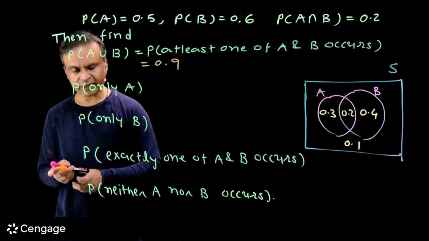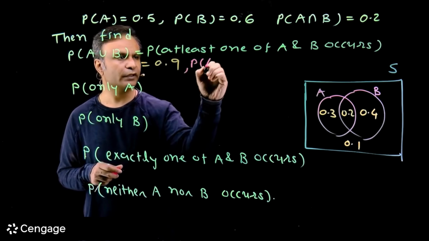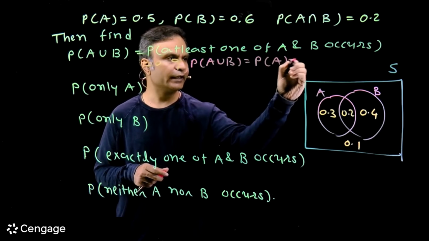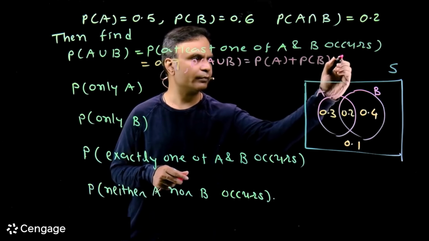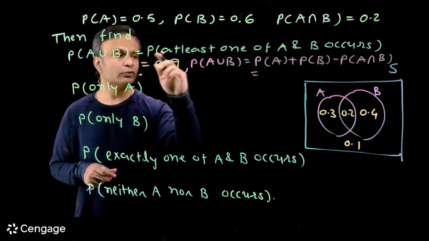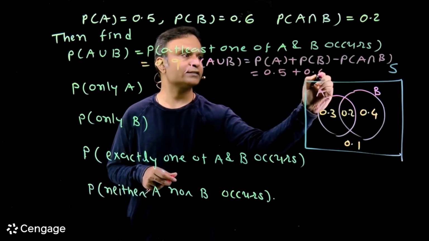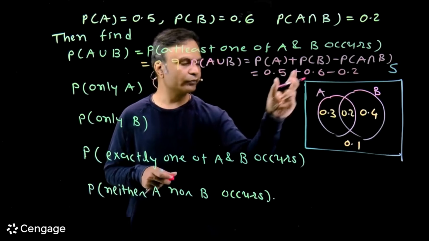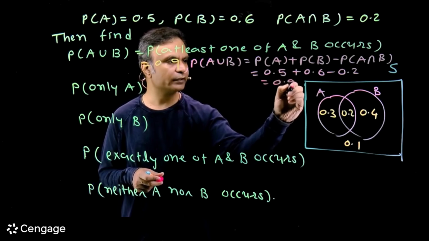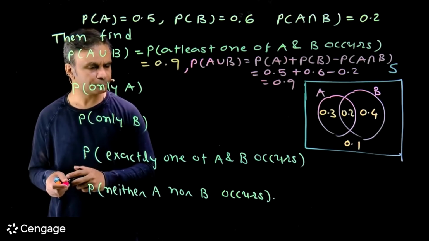We can use the formula also: probability of A union B is equal to probability of A plus probability of B minus probability of A intersection B. Put the values: 0.5 plus 0.6 minus 0.2, 0.5 plus 0.6 is 1.1, 1.1 minus 0.2 is 0.9. तो ये फॉर्मूला से भी हम ये probability value ला सकते हैं, ठीक है ना?